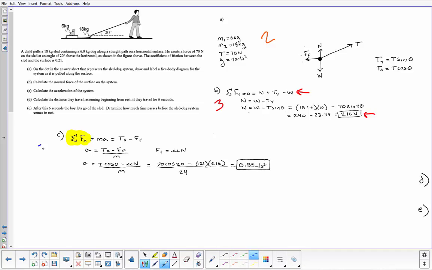Now at this point, this is basic dynamics. This is the stuff every single one of you needs to be able to do without too much struggle. This is worth the first 8 points of this problem, all of you should be able to nail. You have to make sure you can get to this spot.